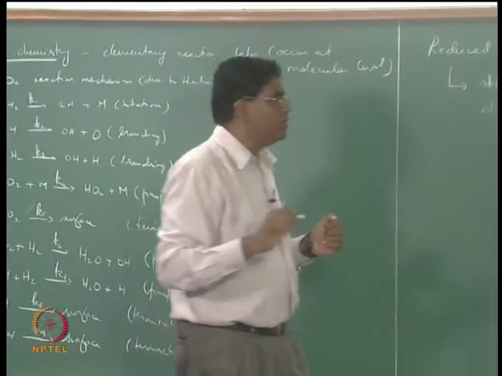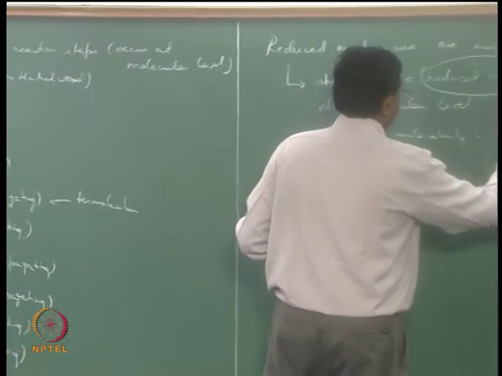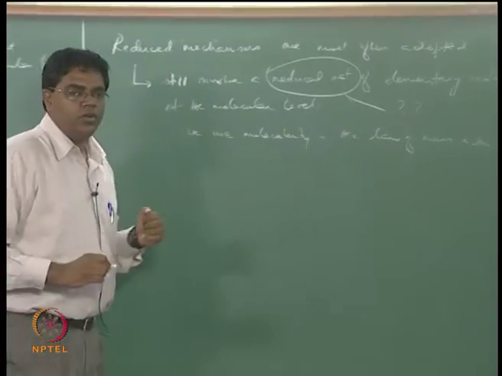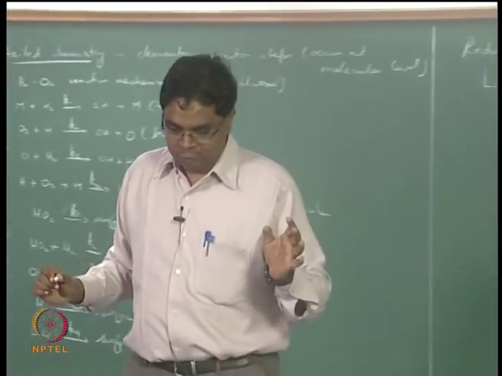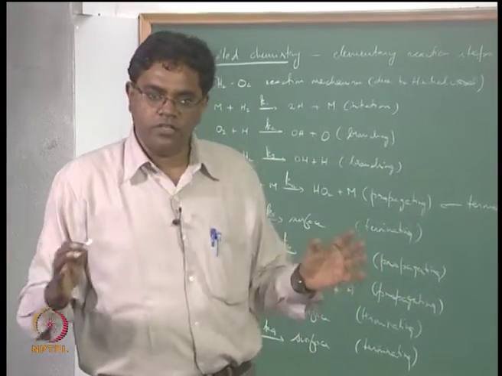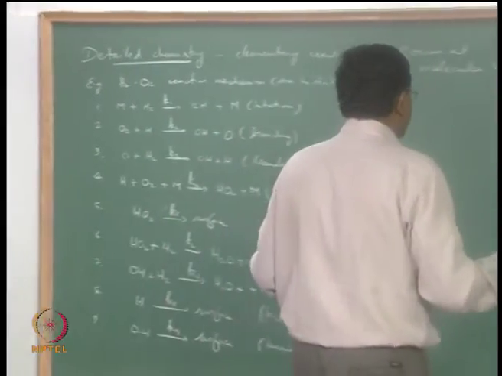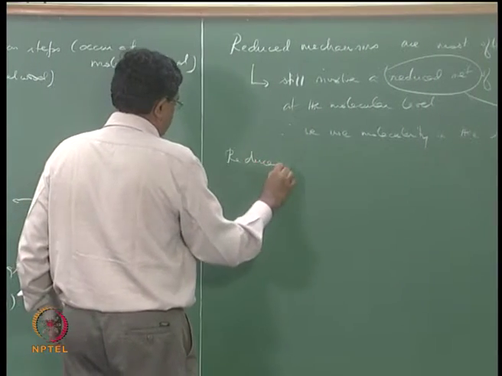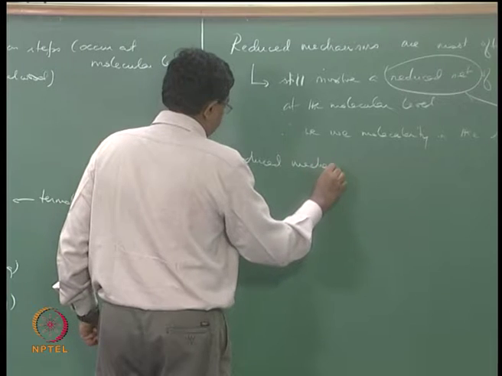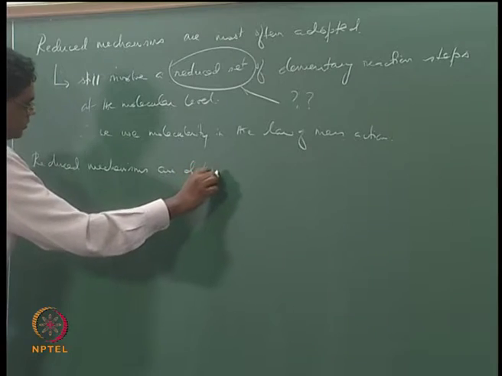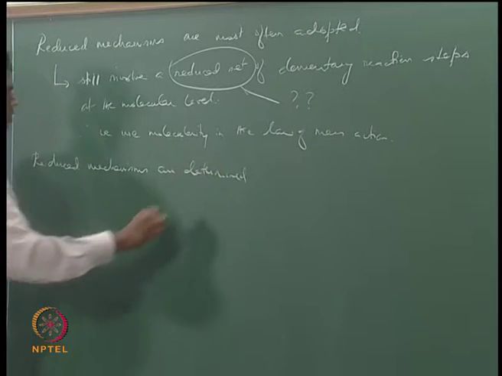how do you determine this reduced set? Now that is actually something that is very difficult. We do not want to get into that in this course. So reduced mechanisms are determined in a number of ways.